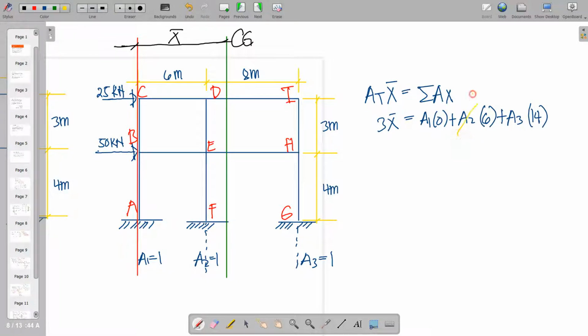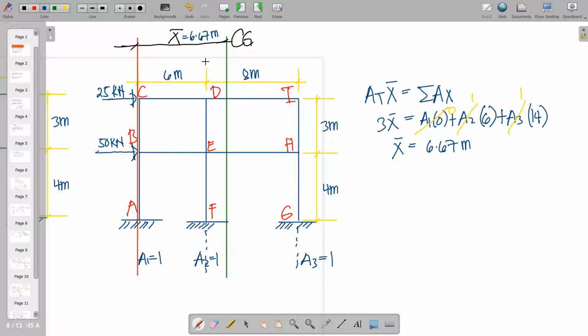We assume all of these areas to be equal to 1. So x bar here is equal to 6.67 meters. So if this is 6, this shall be equal to 6.67 meters.